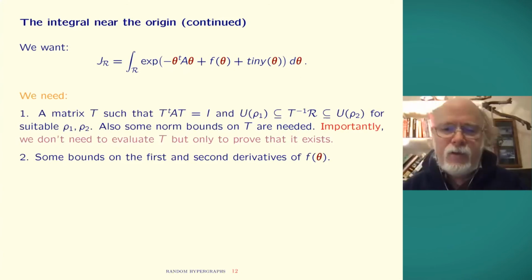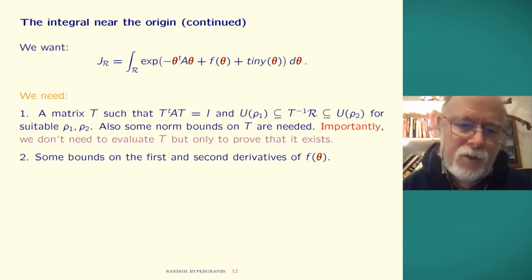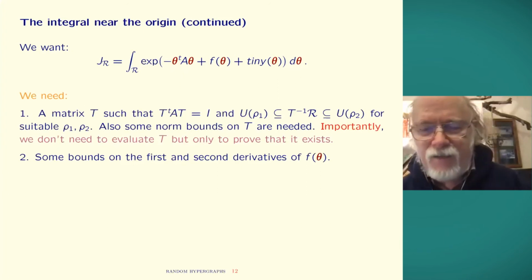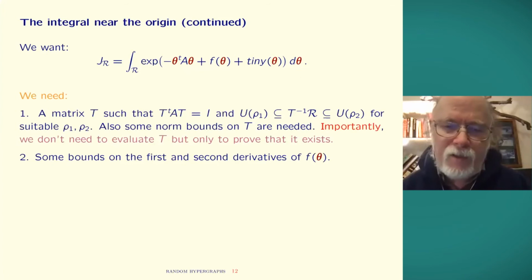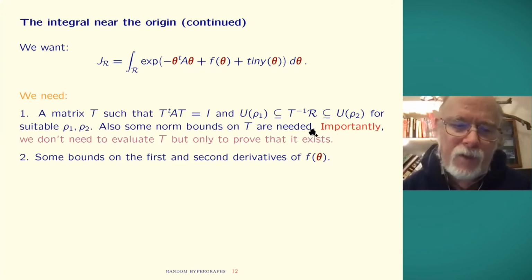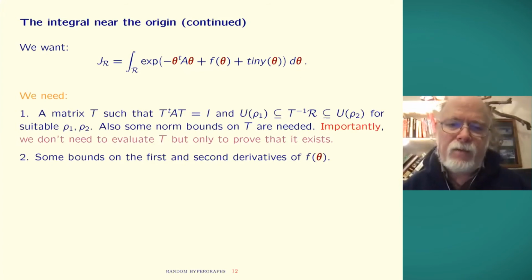And it also has the property that the inverse maps the region onto something that contains a suitable cuboid and is contained in a suitable cuboid, remember these U's make cuboids aligned with the origin. And these rho 1 and rho 2 have some requirements that I'm not going to state. And you also need some bounds on the 1-norm and the infinity norm of the matrix T.